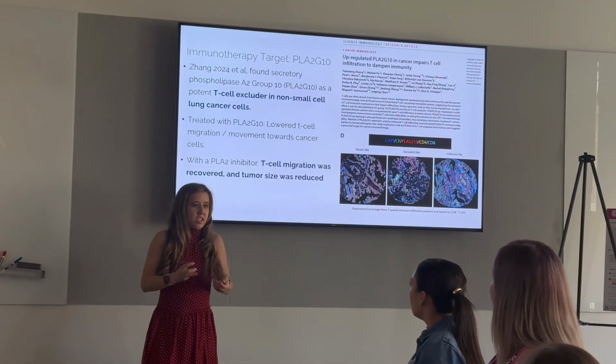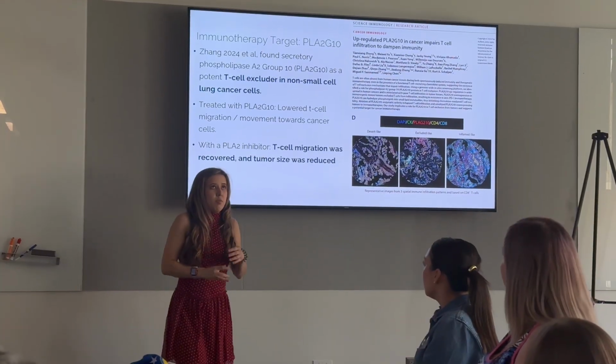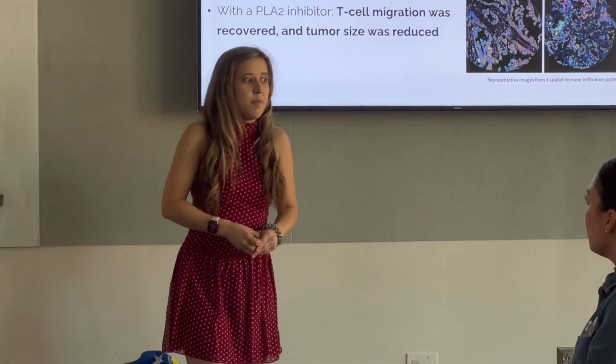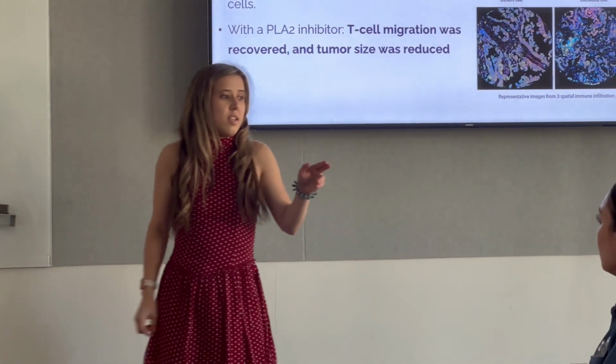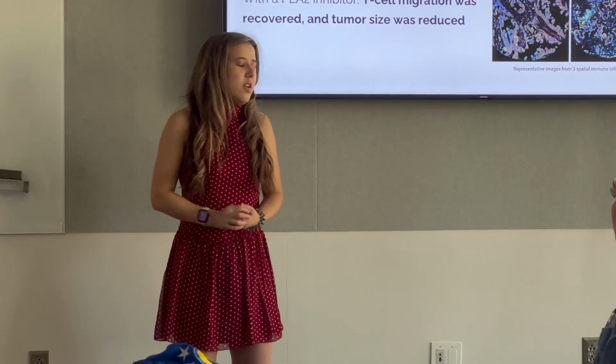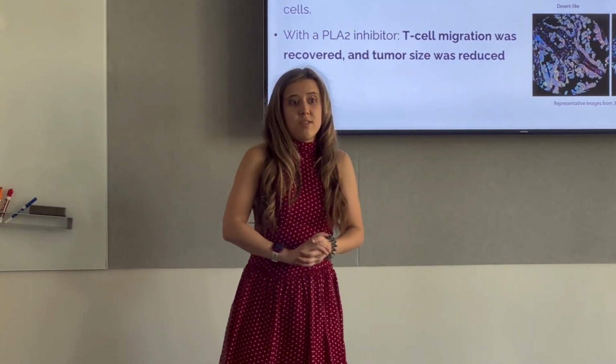And they found that the T cells were not able to migrate as well towards the cancer. They even removed the enzyme itself and had its downstream products present, and the same effect happened. But once you blocked the enzyme's activity with a pan inhibitor, which is across all the different shapes, they found that T cell migration was rescued.